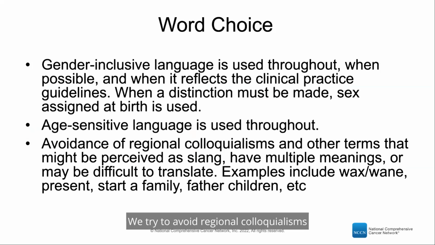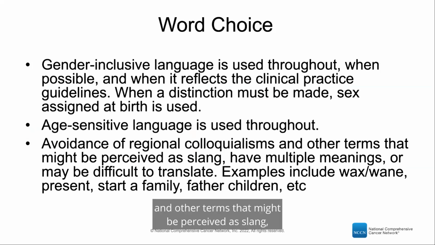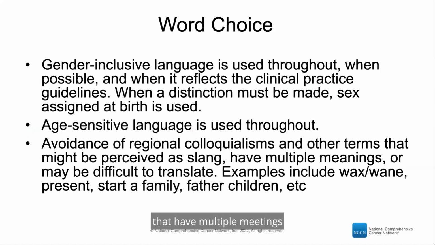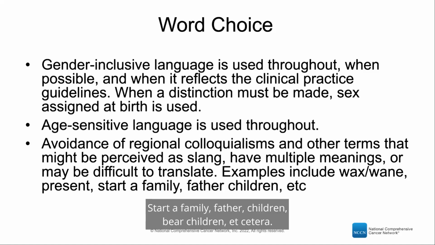We try to avoid regional colloquialisms and other terms that might be perceived as slang, that have multiple meanings, or may be difficult to translate. Examples might be wax and wane, present or present, start a family, father children, bear children, etc. Sometimes we're not even aware we're doing it.